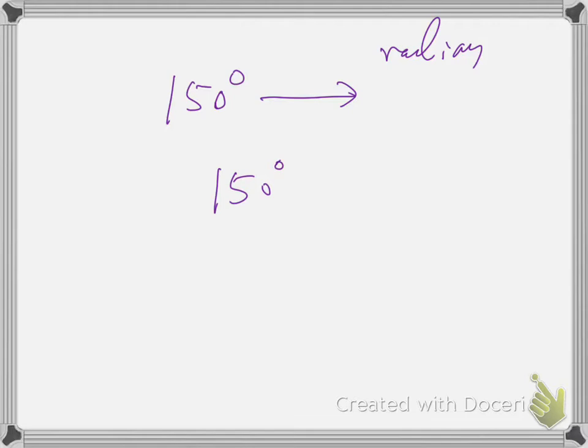Now let's look at other angles. Suppose you have 150 degrees. How can you change this to radian measure? Basically we use multiplication. So 150 times pi over 180 degrees.